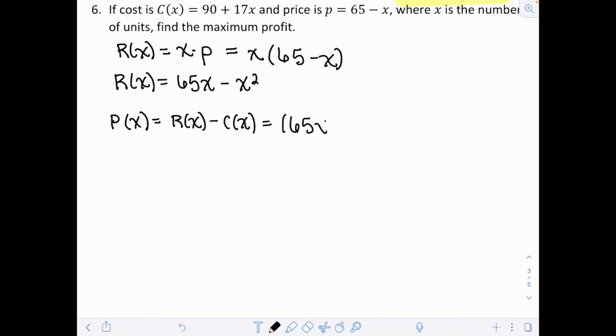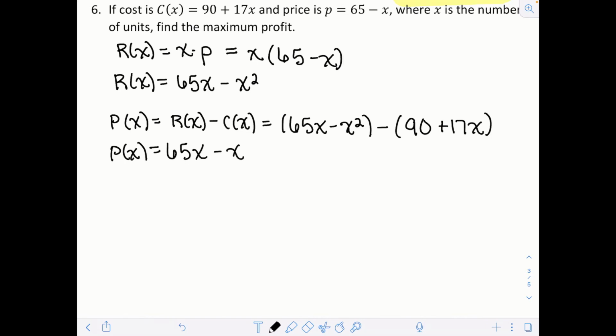So we've got 65x minus x squared, minus, now we subtract our cost function, which we're given, 90 plus 17x. I'm going to rewrite it all out, distributing that negative, so we get minus 90 minus 17x.